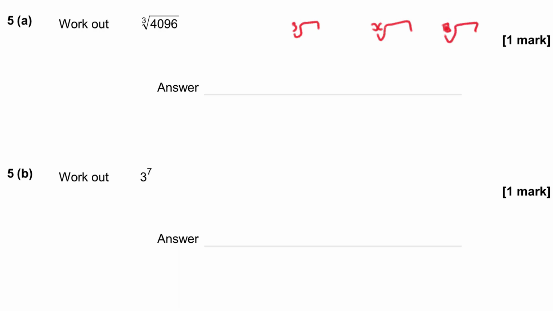Now luckily my calculator does have a cube root button, so I can just press shift and then that cube root button and then type in 4096 and then press equals, and it gives me the answer of 16. Now clearly you need to know how your calculator functions to find cube roots.